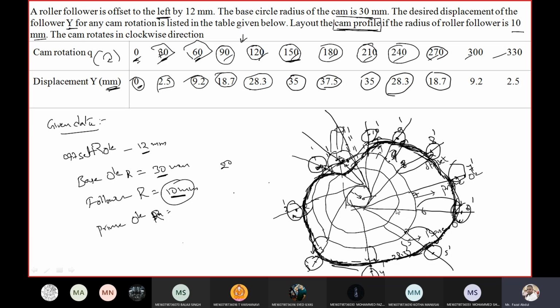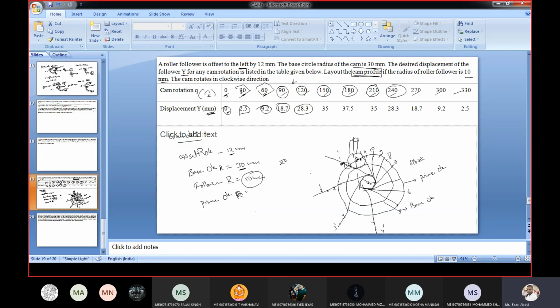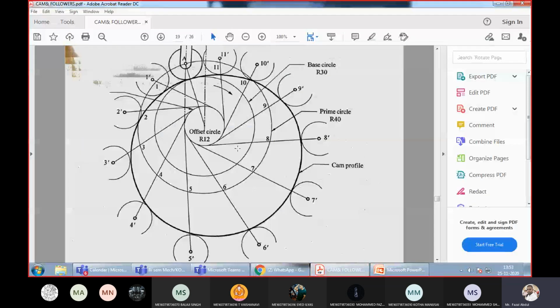After drawing this, your answer will come like this. Observe in this diagram, the answer is shown with the dark curve, and the remaining things are thin lines.